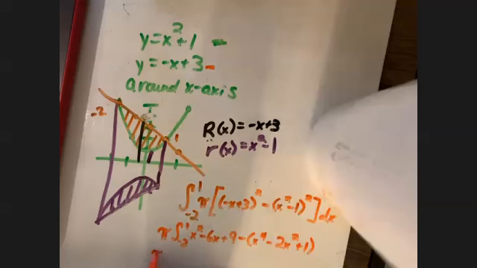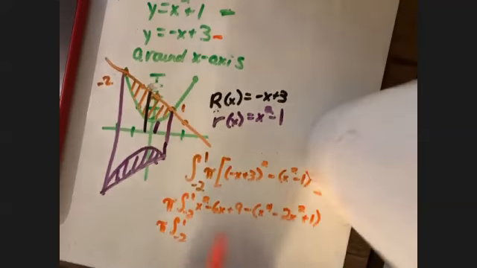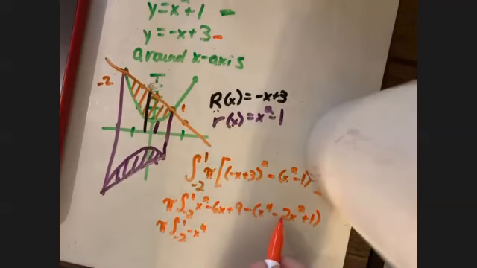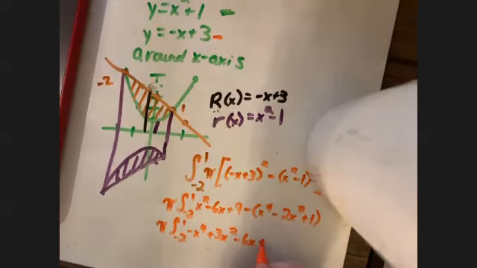So then we've got -2 to 1. Combine this up. So I've got negative x to the 4th. Okay, I've got x squared plus 2x squared, so that's going to be plus 3x squared, minus 6x. 9 minus 1 is 8.